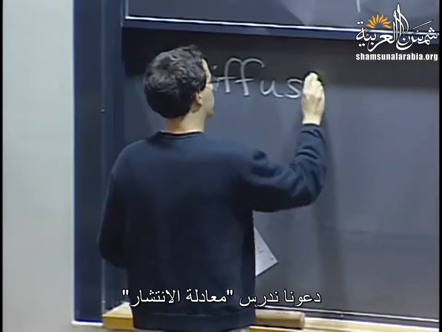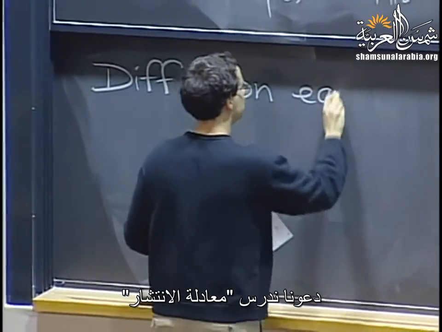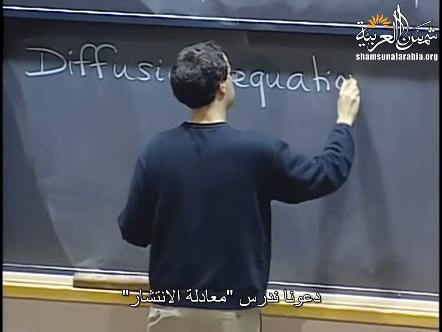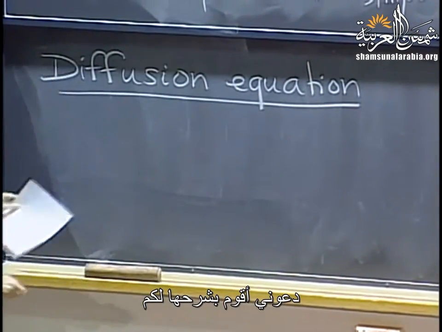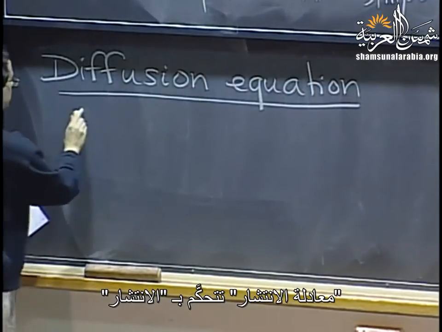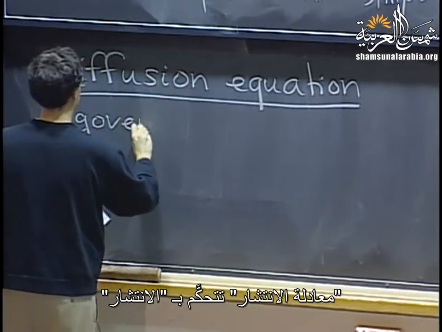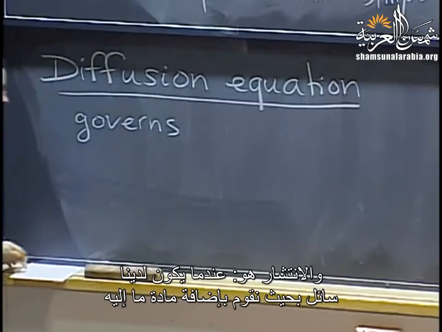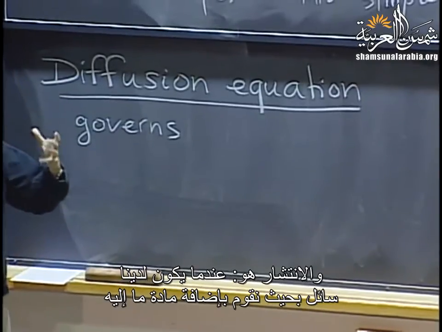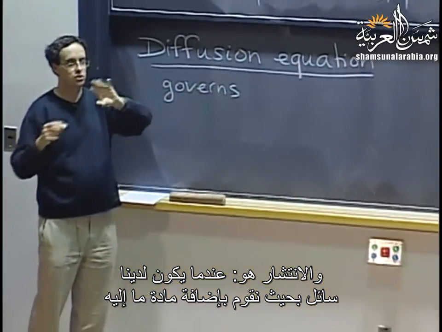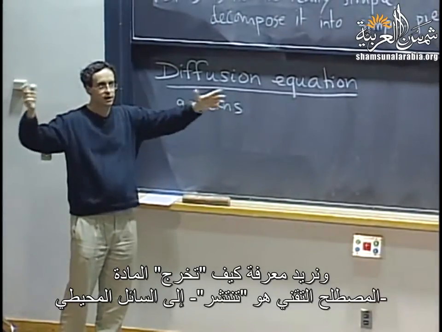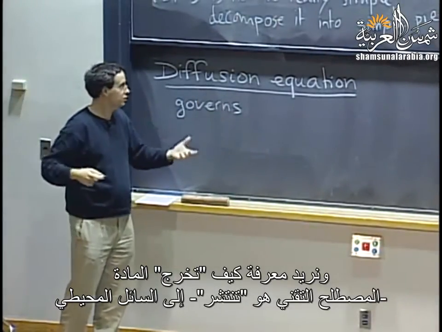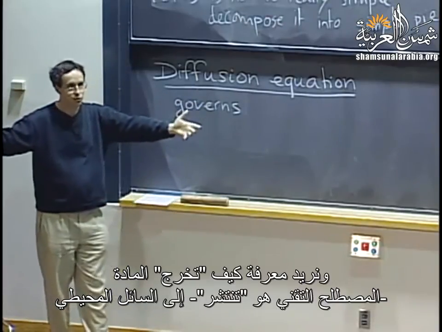So let's look at something called the diffusion equation. Let me explain to you what it does. The diffusion equation governs what's called diffusion. Diffusion is when you have a fluid in which you're introducing some substance and you want to figure out how that thing is going to spread out, the technical term is diffuse, into the ambient fluid.